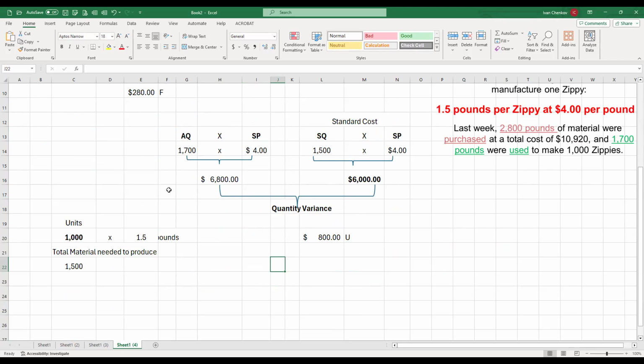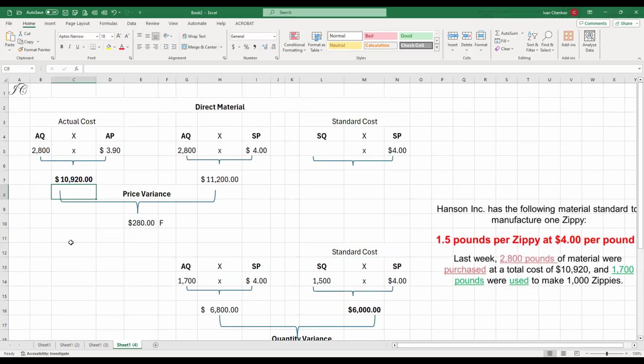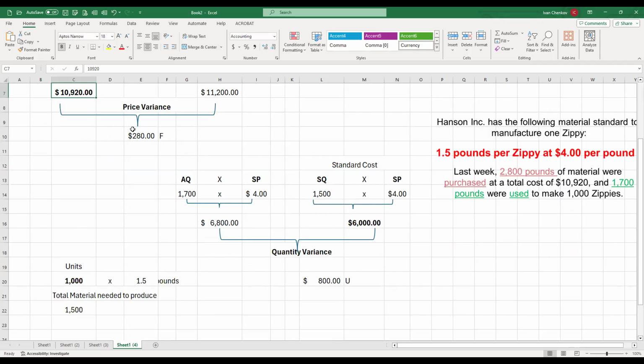In this case, we're not gonna have a spending variance because I cannot compare the standard cost, which is based on the units of production, and the actual cost, which is based on the direct material purchased. Make sense? But I'm gonna have the price variance and the quantity variance.